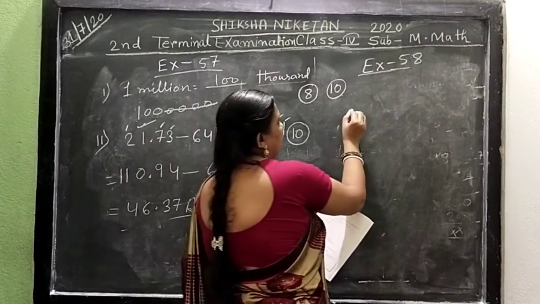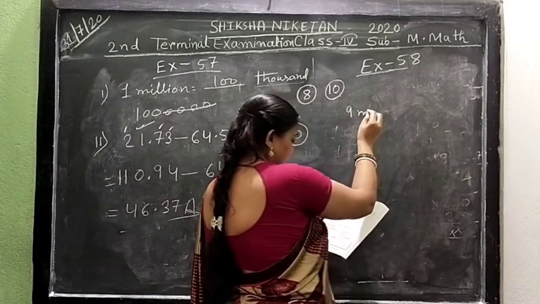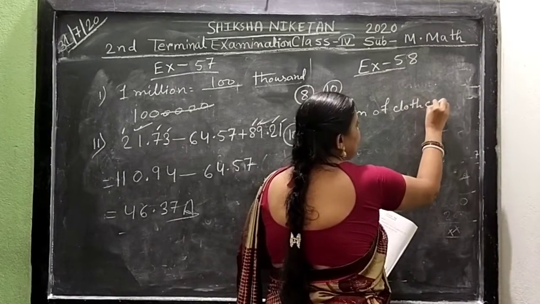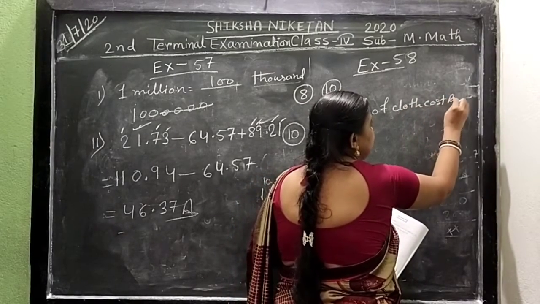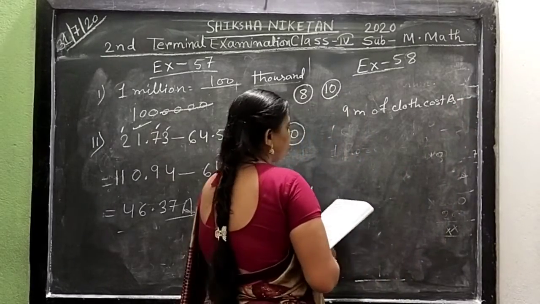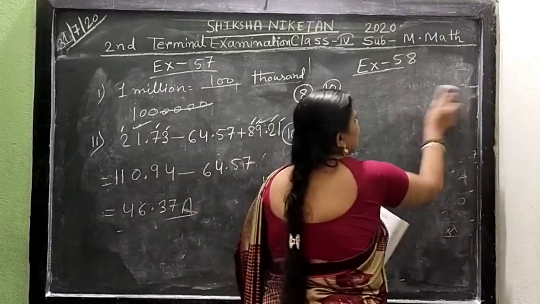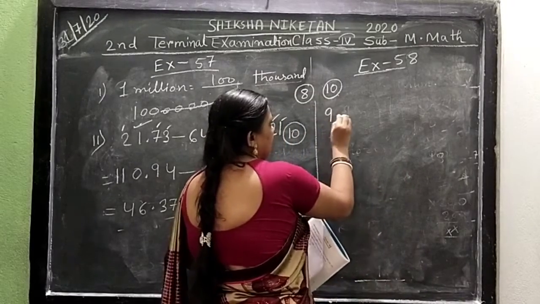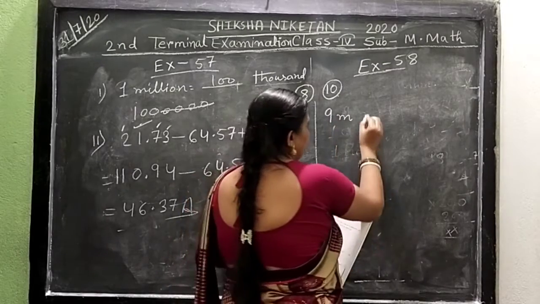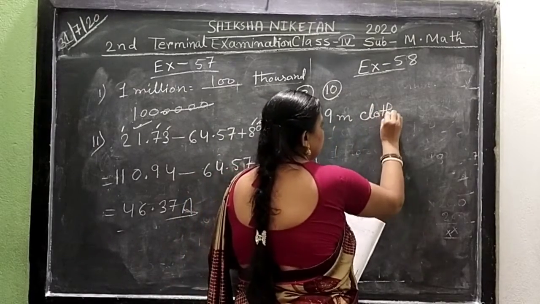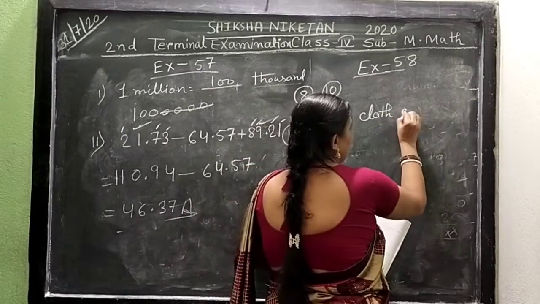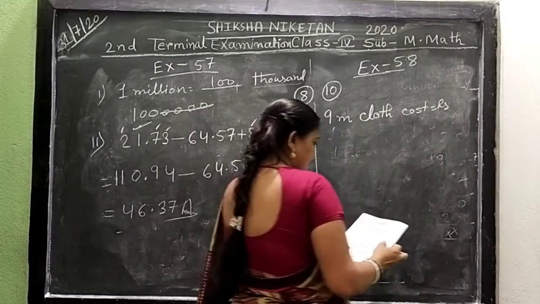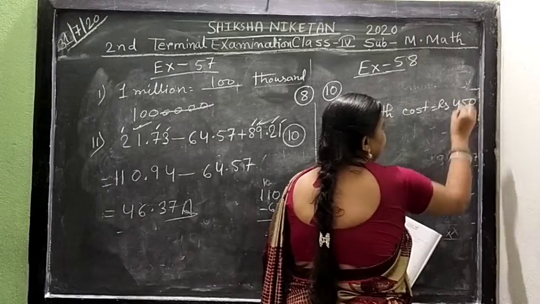We write 9 meters of cloth cost equal to rupees 450.